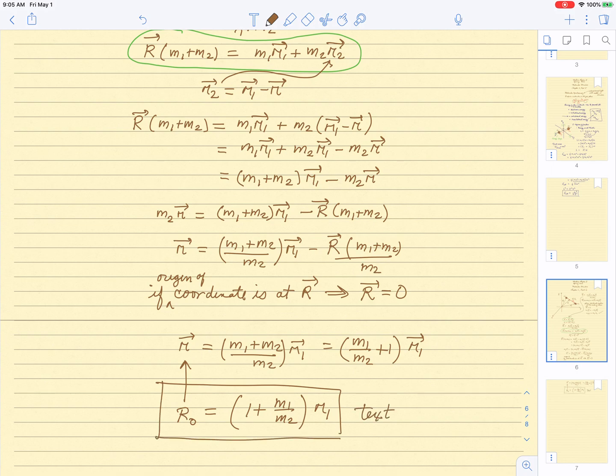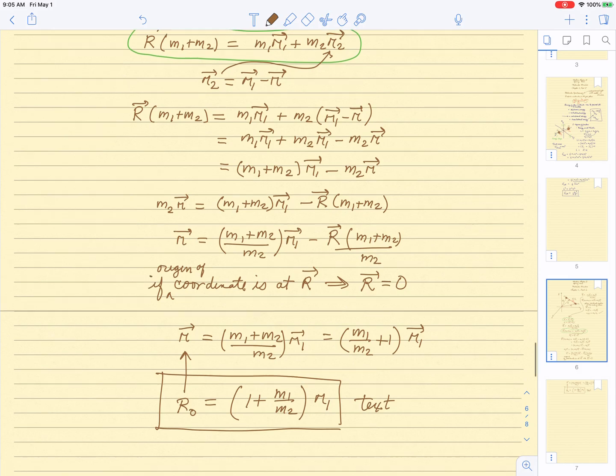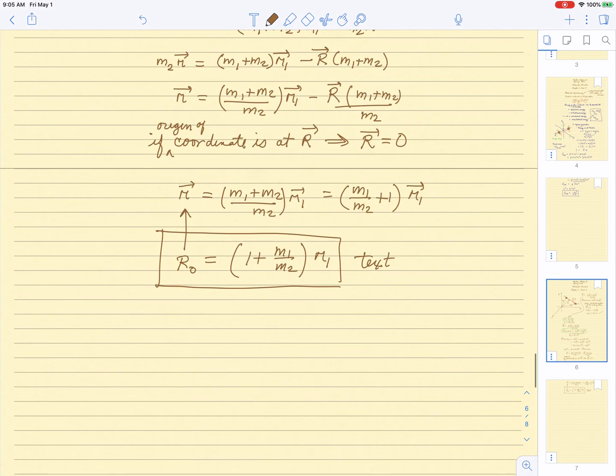Okay, it's not so clear where that came from. So again, I just wanted to derive that for you, right? And likewise, again, starting with R times M1 plus M2 is equal to M1 R1 plus M2 R2. And again, R is equal to R1 minus R2. We can eliminate R1. R1 is going to be then R plus R2.